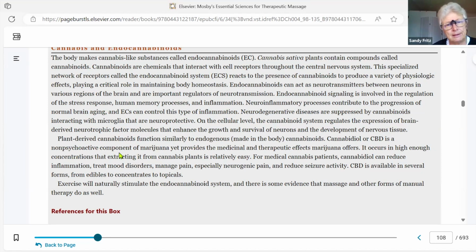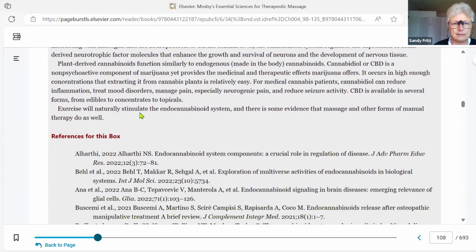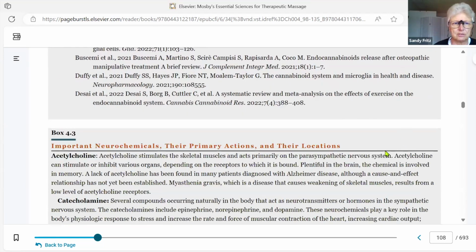And then what happens if these endogenous, made in the body substances, what happens when there's an external focus with that? Like if we are going to use a CBD product during massage, which is kind of common right now. So this is going to be ongoing research, I think. So here's some studies here that you can take a look at.